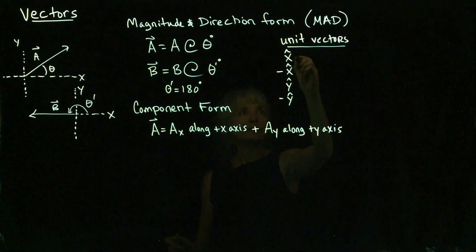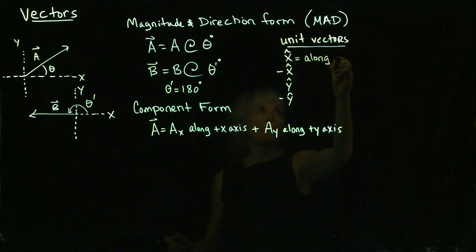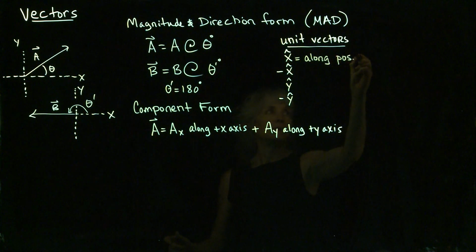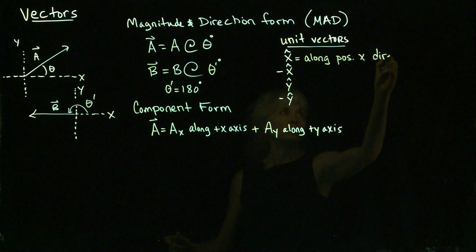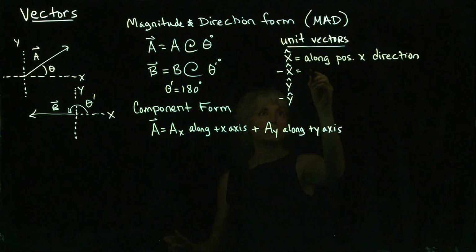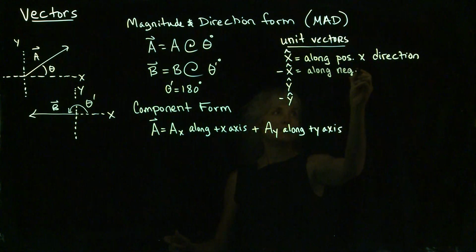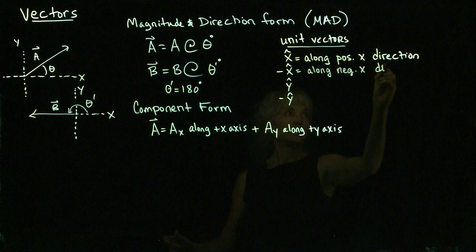So x hat is going to keep track of the words along positive x direction. Negative x hat is going to be along negative x direction.